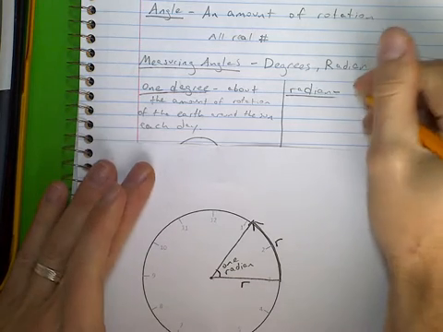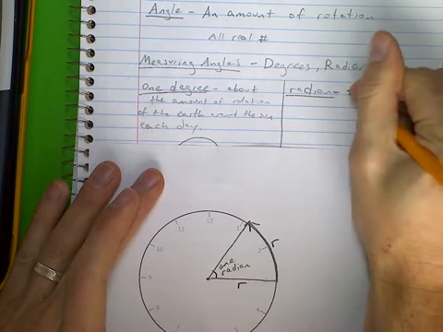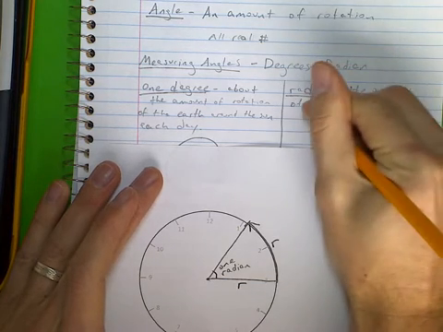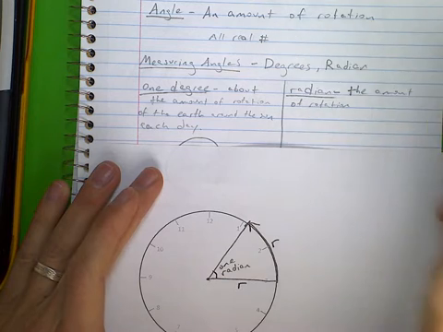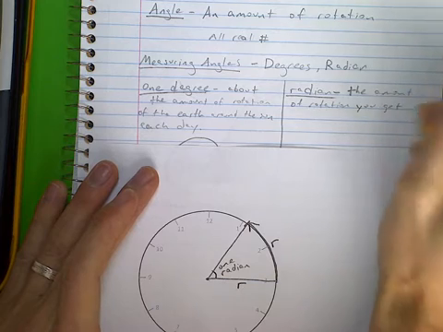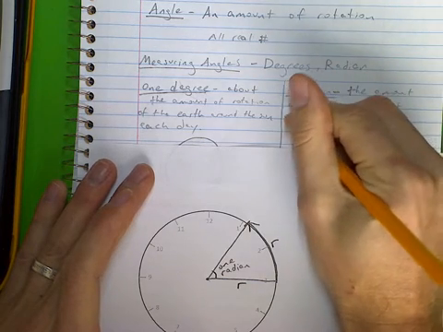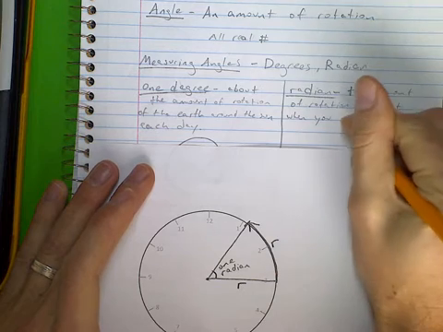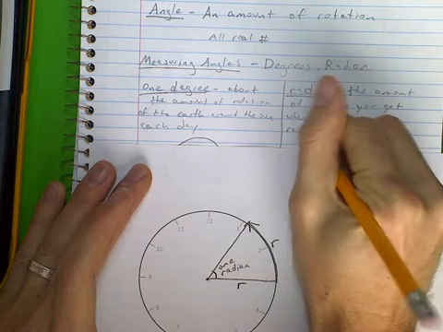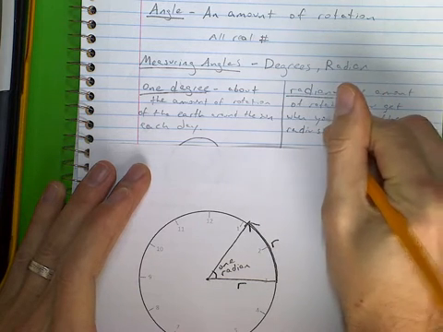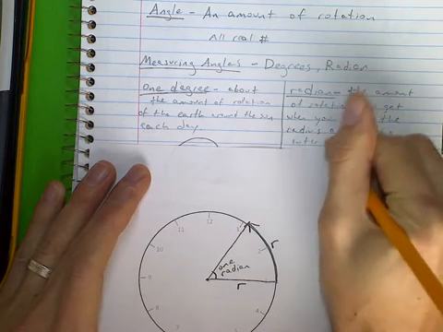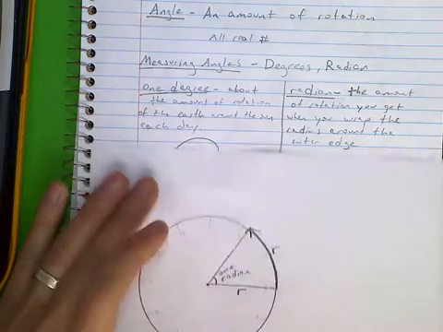And that is the amount of rotation you get when you wrap the radius around the outer edge of the circle.